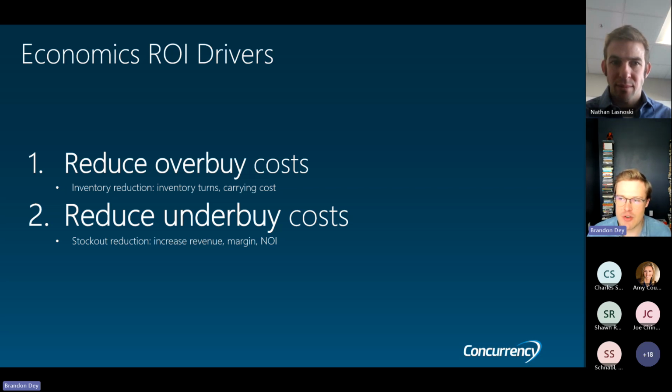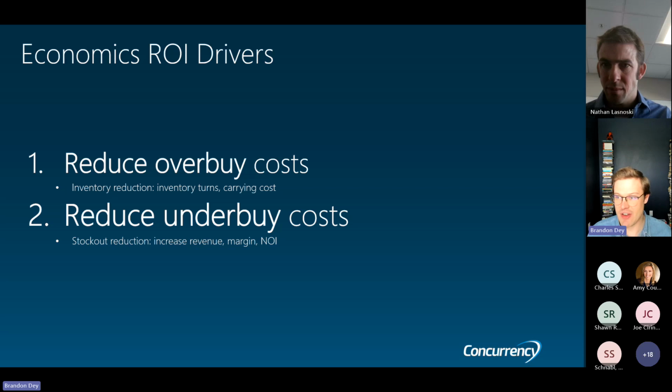You could be a manufacturer who manufactures widgets that require raw material. If you buy too much of that raw material, you've got high inventory carrying costs. Your inventory turns are poor. You've got now poor working capital. It's not as healthy as it could be. That's problematic. On the underbuy side, if you overcorrect and don't buy enough, well, now you risk stockouts, right?